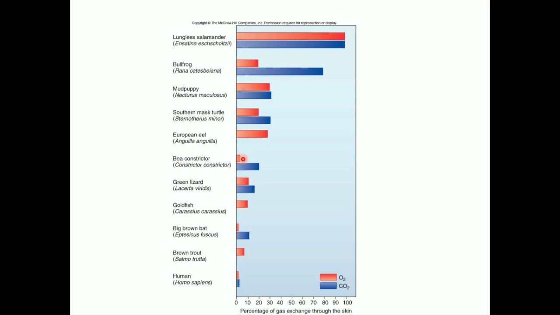The boa constrictor, which is a reptile with dry scales, we would think they don't exchange any gases anymore. Well, about 20% of their carbon dioxide is still exchanged over their skin. Green lizard, that's more. Goldfish, even less, and only oxygen.